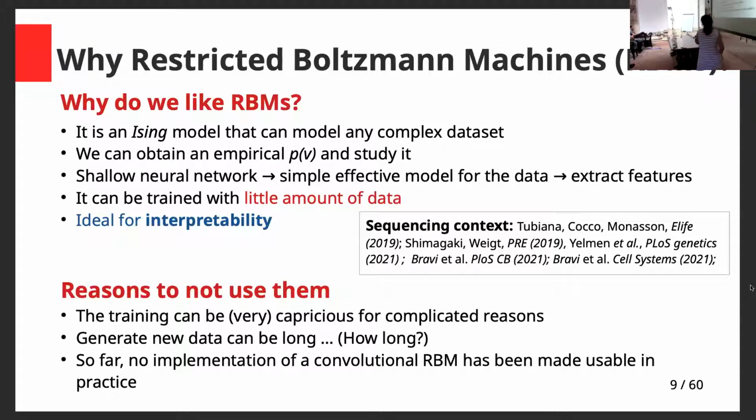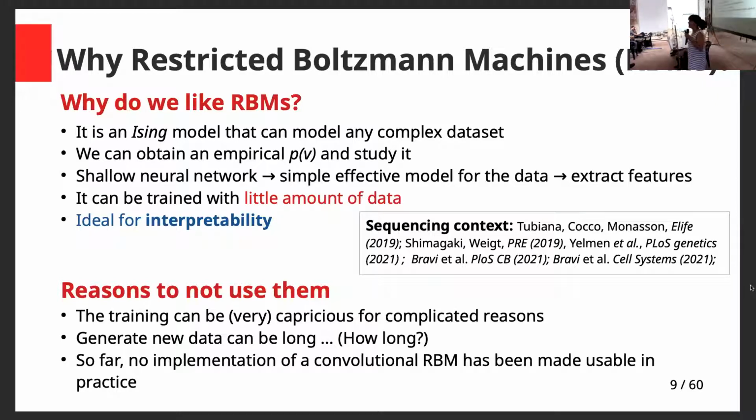Because once we train, we have the empirical distribution of the data. And since we have a very shallow network, we are going to be able to analyze what the machine learned. They also have a nice property that has been used quite a lot recently: they can be trained with few data.